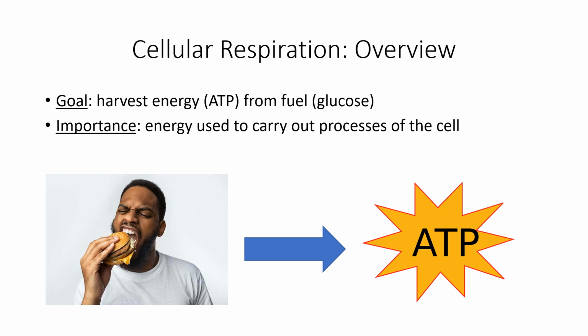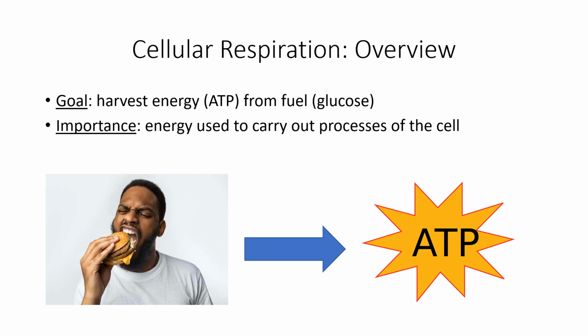First, it is a pathway that is going to harvest energy in the form of ATP, which is adenosine triphosphate, from fuel, which is going to be glucose or sugar. A good way to visualize this is the illustration and picture below.